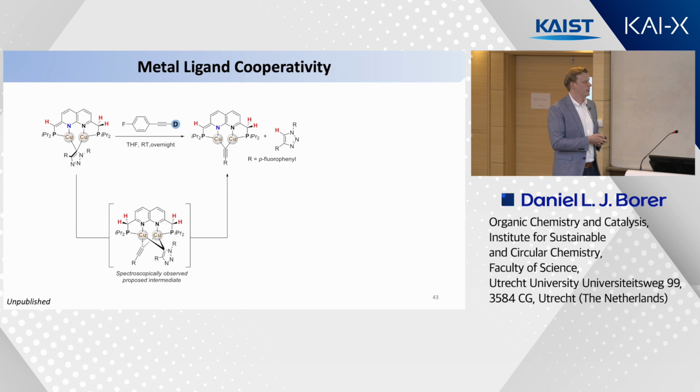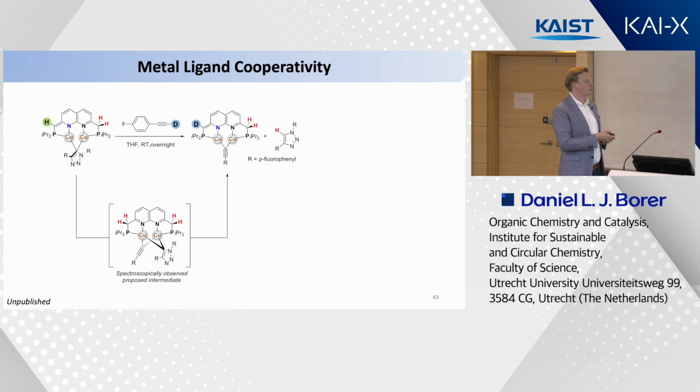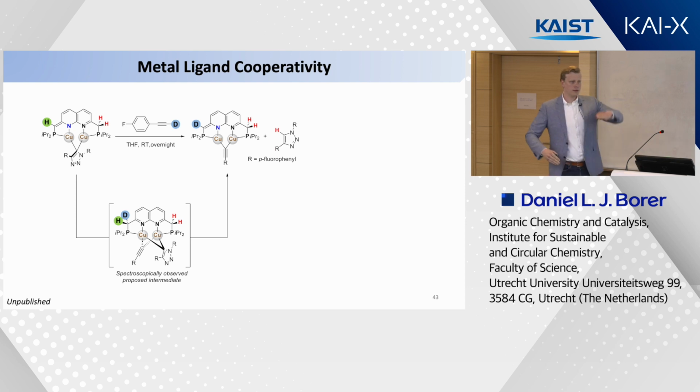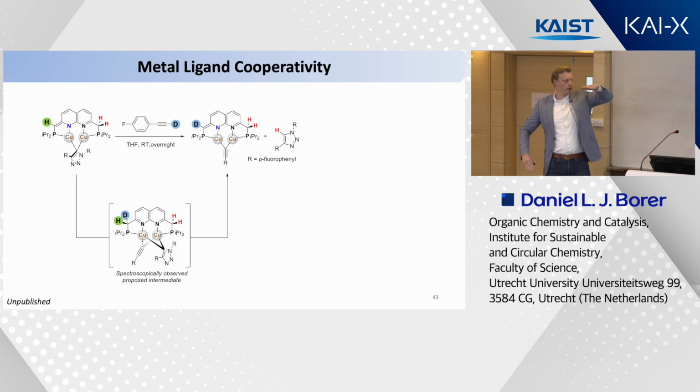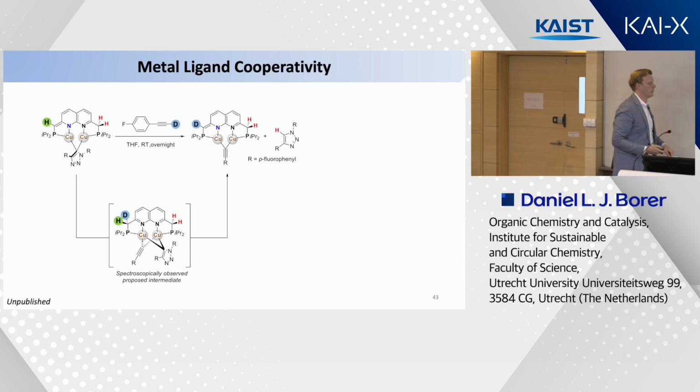And if we do isotopic labeling, we see that the deuterium atom that is in the substrate ends up there, and that is because the proton in the transition state is on the opposite side of where the acetylide comes in. So basically we have the dicopper system, the alkyne comes in and protonates on this side, so the deuterium atom ends up on the bottom of the plane.